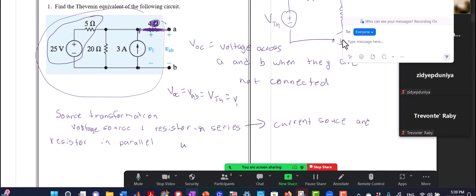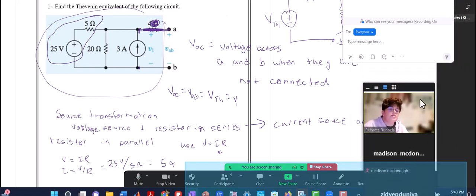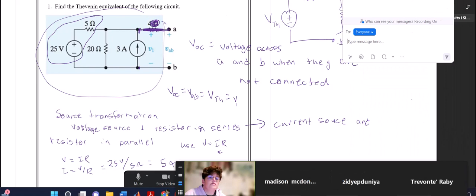And when I do that, I use V equals IR to find the value of the current source, and the resistor stays the same. So V equals IR, or I equals V over R, or I equals 25 volts over 5 ohms, or 5 amps. So I can redraw my circuit.